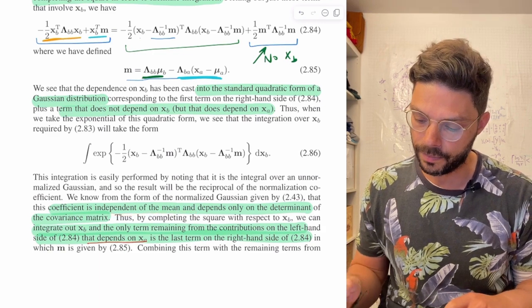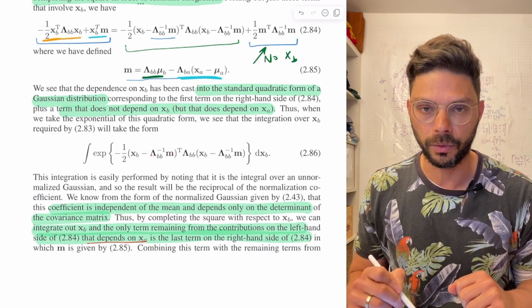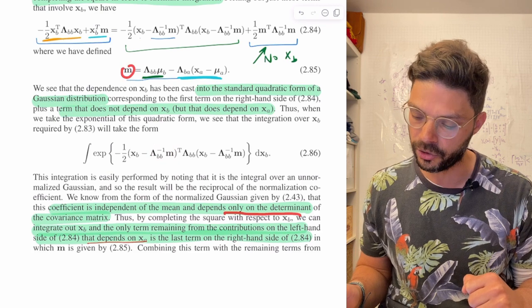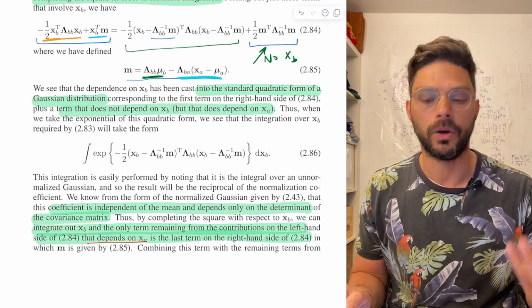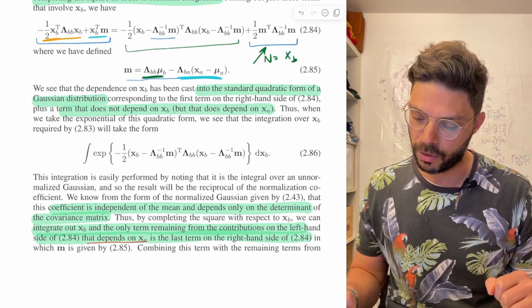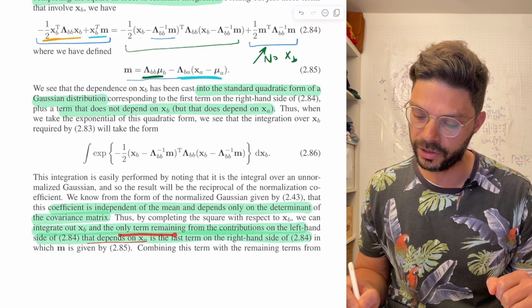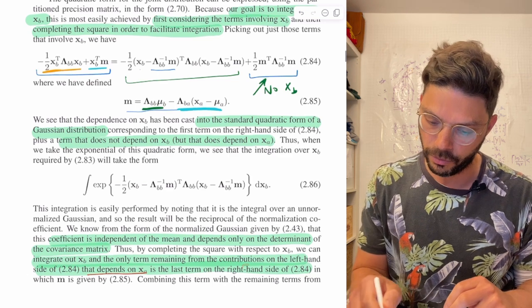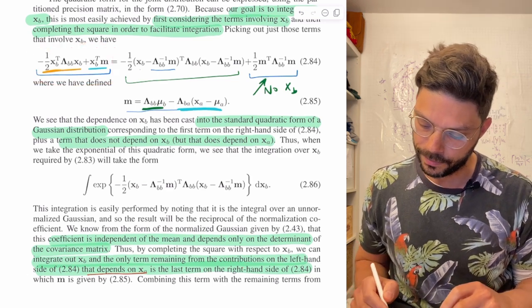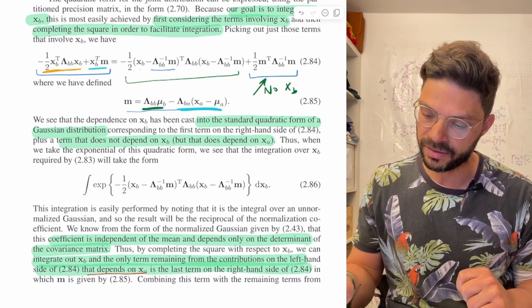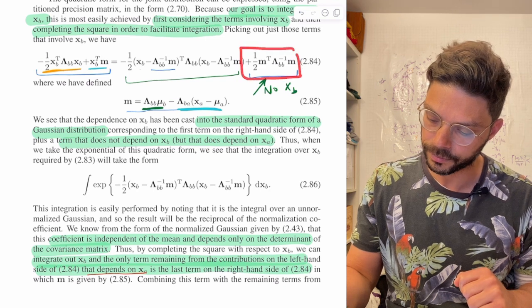So there's nothing that depends on m here, and it depends only on the determinant of the covariance matrix, or the inverse of the precision. Thus, by completing the square with respect to x_b, we can integrate out x_b, and the only term remaining from the contribution on the left-hand side of 2.84 that depends on x_a is the last term on the right-hand side of 2.84.